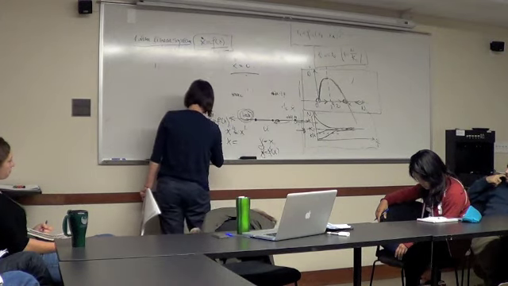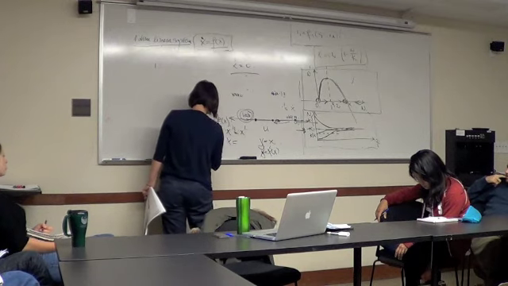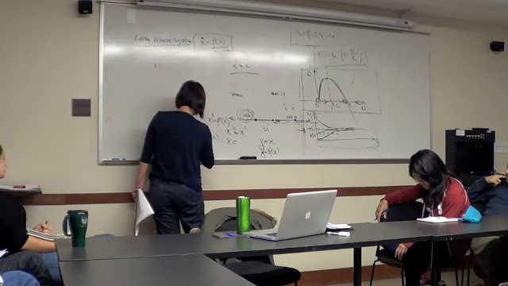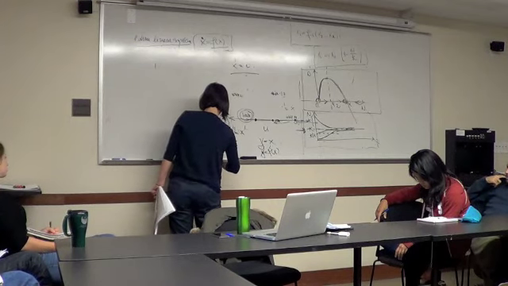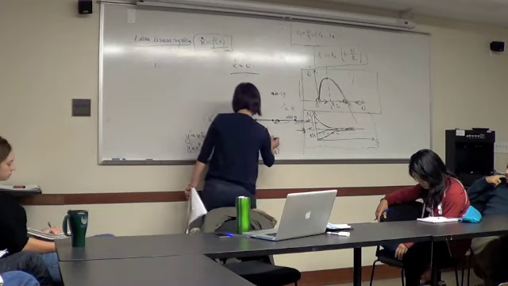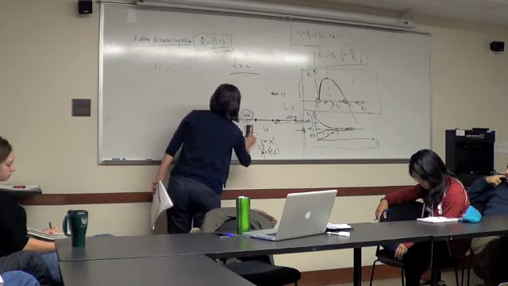So basically you get x double prime equals f of x, which equals y prime, and y equals x prime.